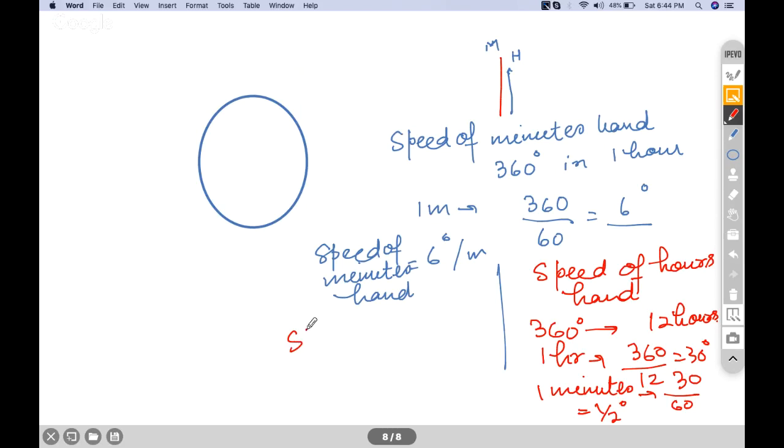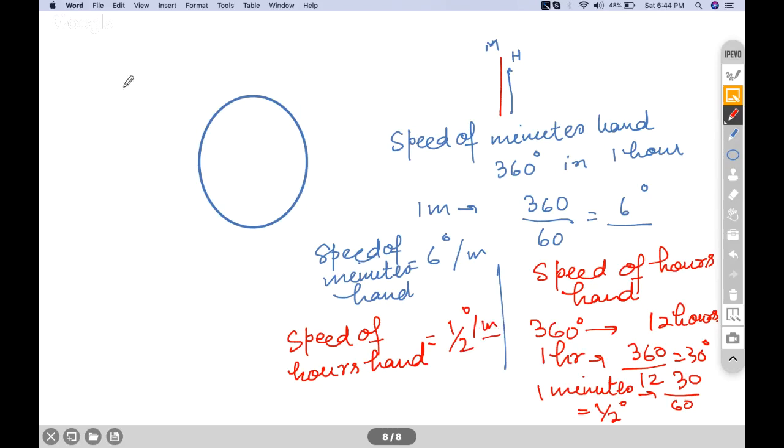So speed of hours hand is equal to half degree per minute.